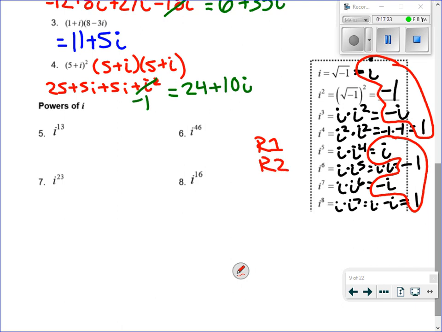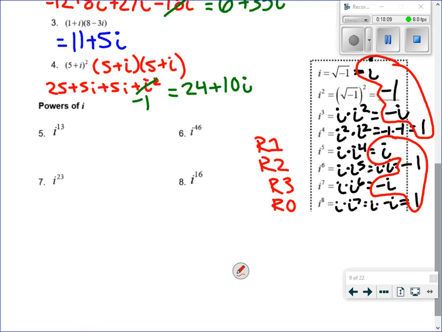Having a remainder of 2 is like having i to the second power. What's i to the second power equal to? Negative 1. 7: 4 goes into 7 one time with a remainder of 3. So when your remainder is 3, that's the same as i to the third power, which is negative i. And lastly, if you go into 4 evenly, so there's no remainder, you're equal to 1.